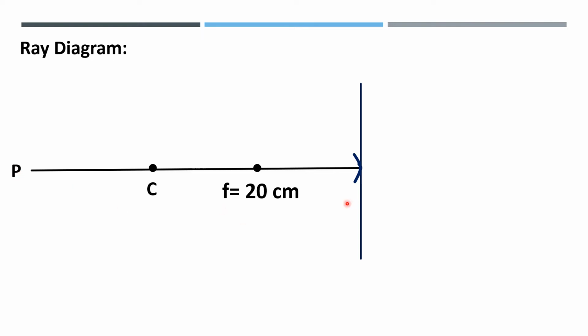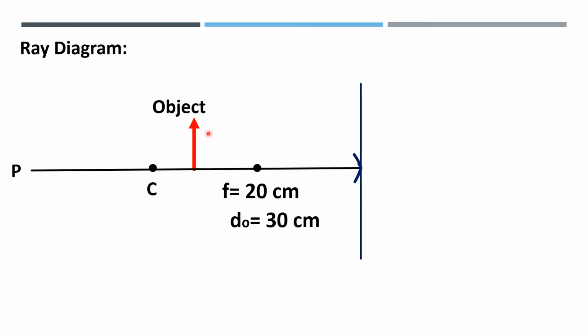For simplicity, we also draw a vertical line that touches the point in the mirror known as the vertex. And also, we were told that the object is located 30 centimeters in front of the mirror. So, again for simplicity, we represent the real object in terms of this red arrow.